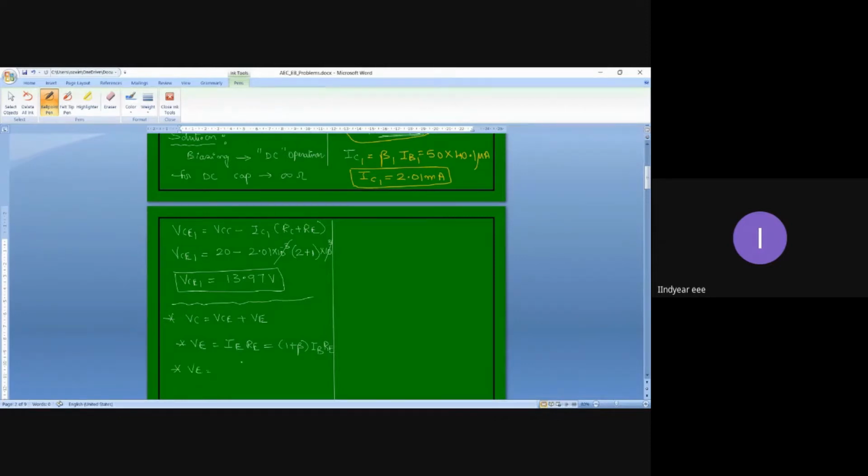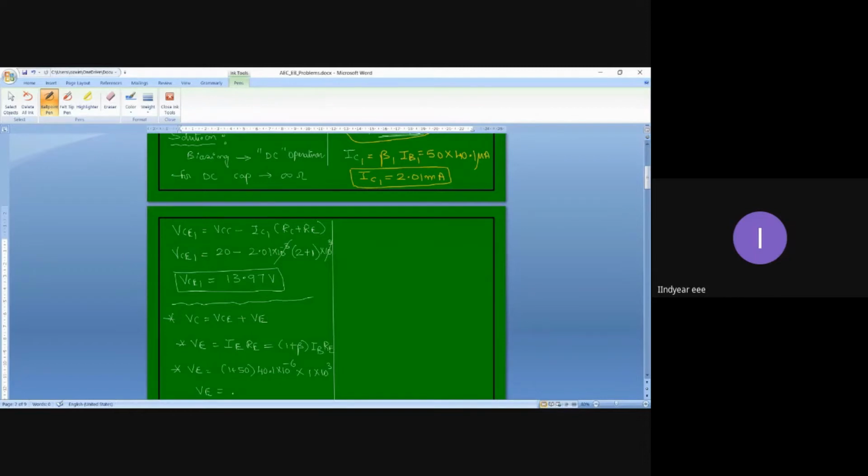VE is equal to 1 plus 50 into IB. IB you have already found, that's 40.1 microamperes, so 40.1 into 10 to the power minus 6, into RE. RE is 1 into 10 to the power 3. So how much will you get as the VE value?